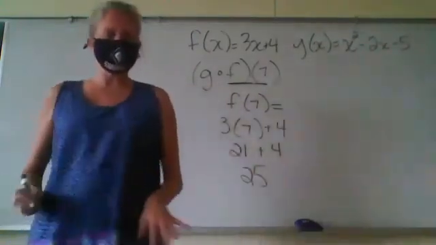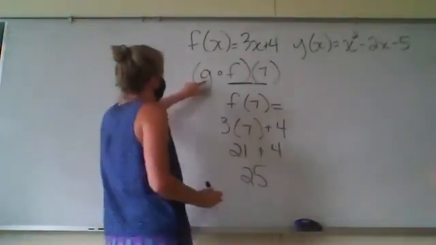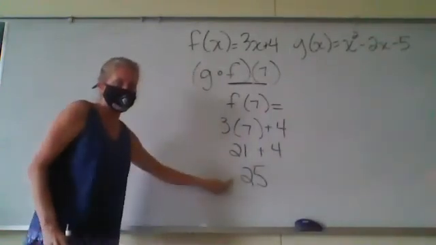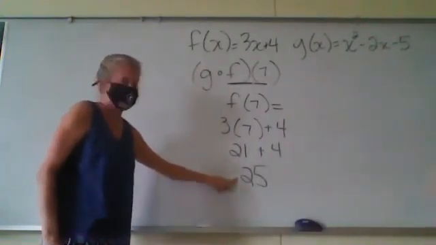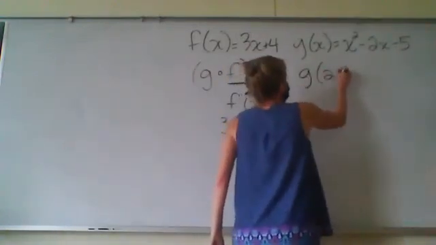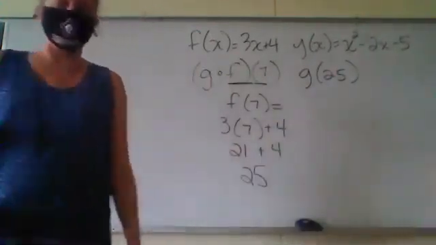So there's my first step. So now what do I do? What's my outer step? I'm going to find G of whatever that answer was. So I'm finding G of 25, which means go to your G and replace its X with 25.